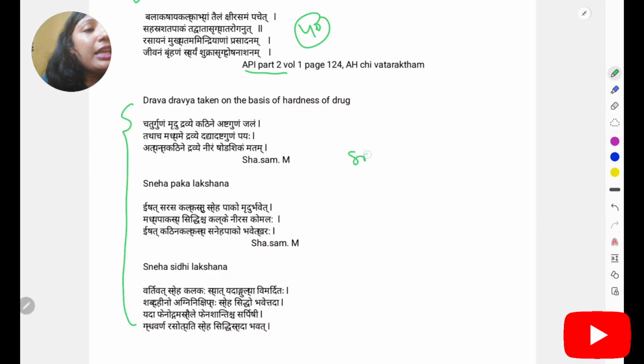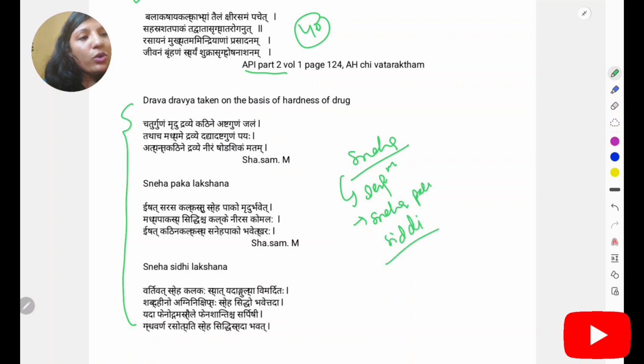Then this Sneha Kalpana has so many rules. First of all, the definition of Sneha, like what are the things we have to take for sneha preparation. Then there are some rules on how we can take kashaya and kalka, and all that is not that necessary here if they didn't ask us. But sneha paka lakshana and sneha siddhi lakshana are important.